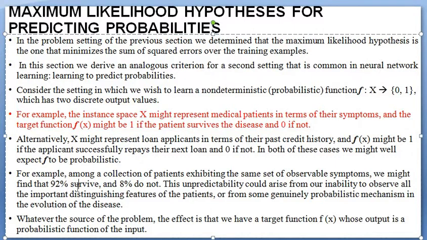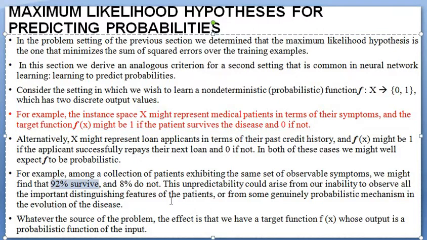For example, among the collection of patients exhibiting the same set of observable symptoms, we might find that 92% survive and 8% do not survive. Survival we will represent as 1, and the 8% who do not survive we will represent as 0 in terms of probability.